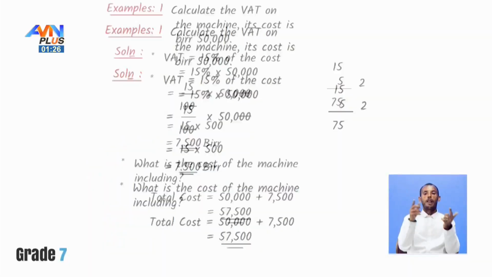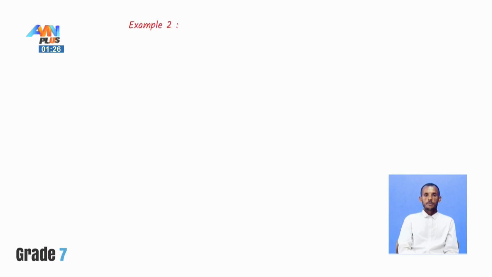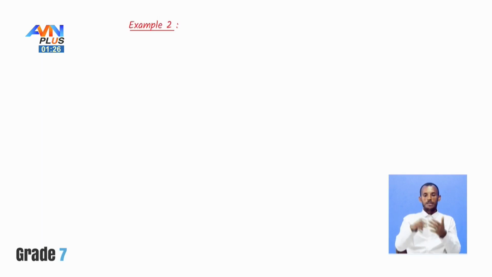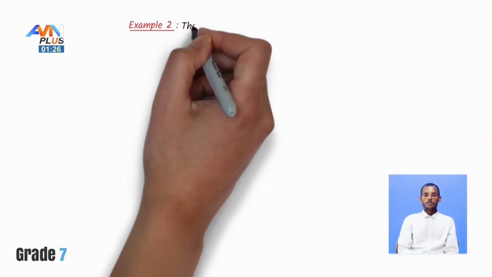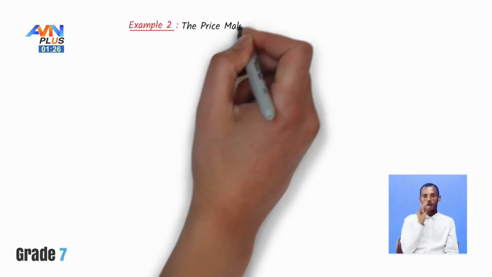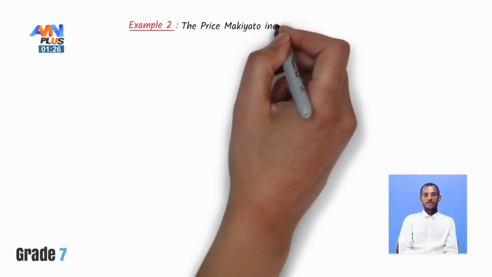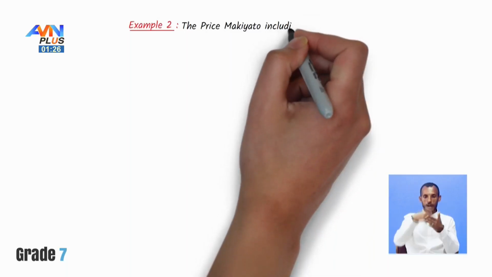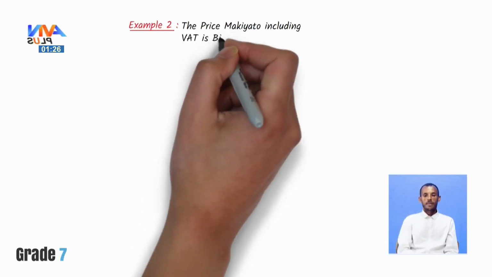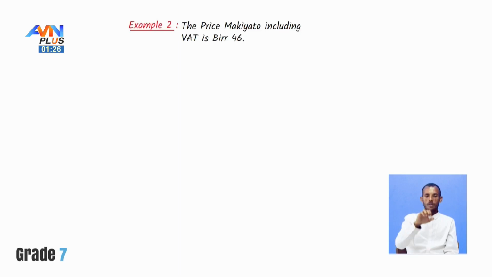Example 2. The price of a macchiato per cup, including VAT, is 46 birr.